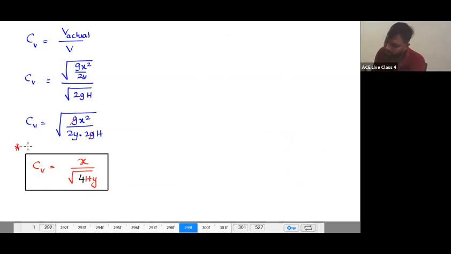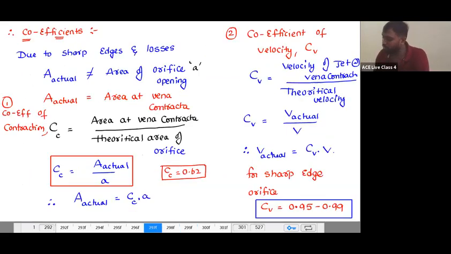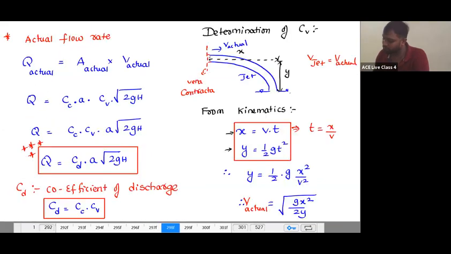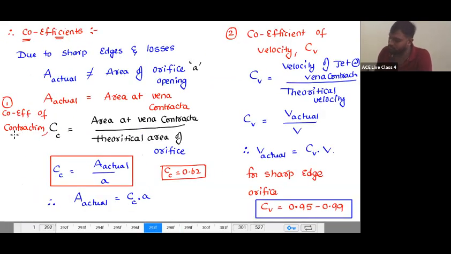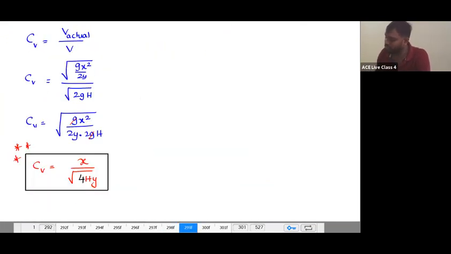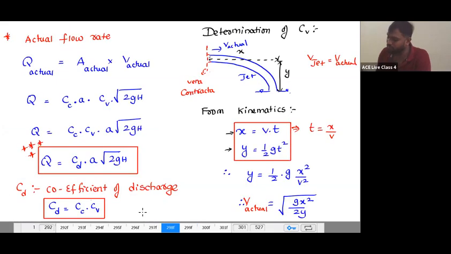This is important. What is CV? Coefficient of velocity. And once we know the coefficient of velocity, then we can find out the CD value. CD is nothing but CC into CV. I hope you understood these coefficients. So this is coefficient of contraction, coefficient of velocity, and here it is going to be the coefficient of discharge.